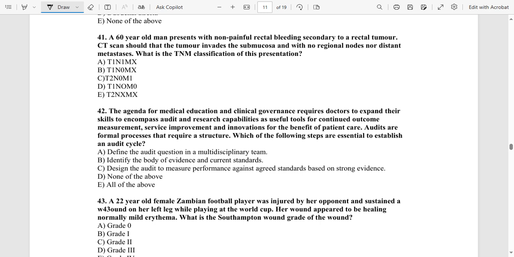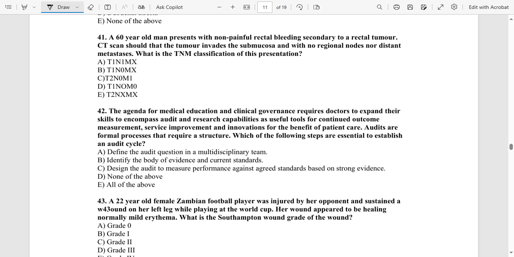For the metastasis again, you have MX, meaning distant metastasis cannot be evaluated. M0 is no distant metastasis, and M1 means distant metastasis is there. So that is how you can talk about this TNM staging.